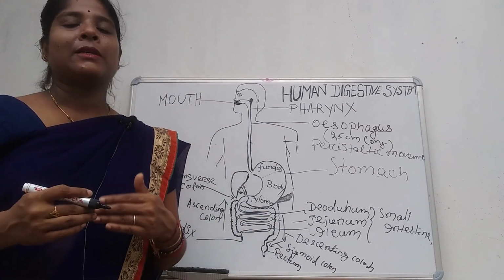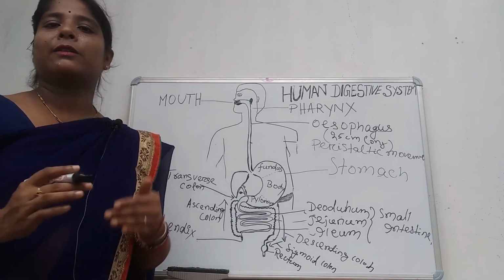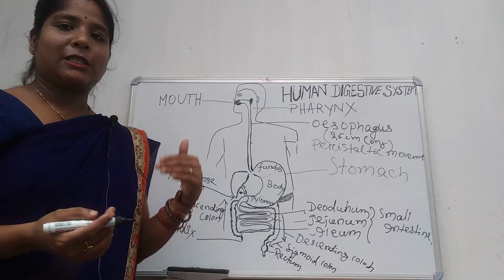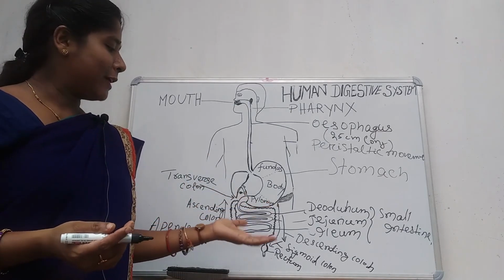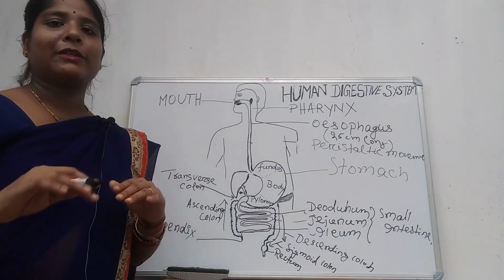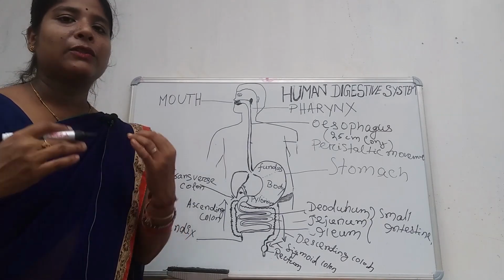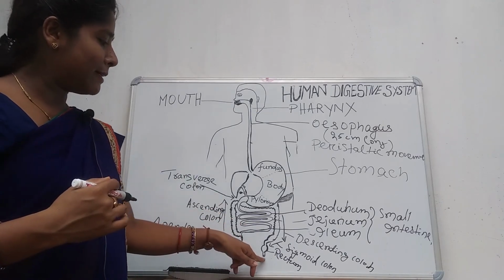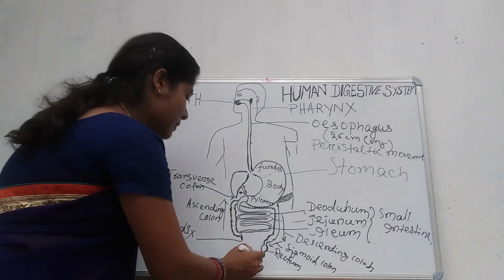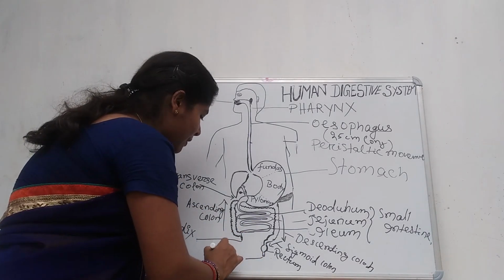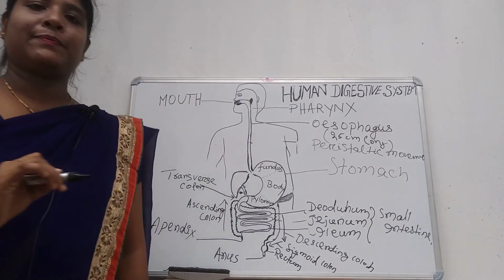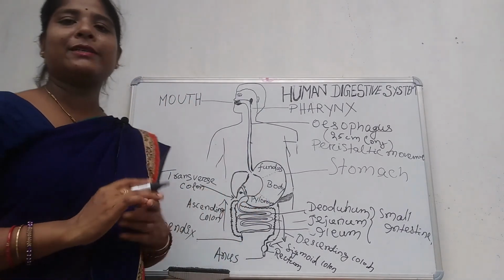Inside the rectum, the undigested or residual product, the excretable matter, is stored, and when it is filled, it is removed or excreted from our body through the last part of the digestive system, called the anus. So here, this is called the anus.